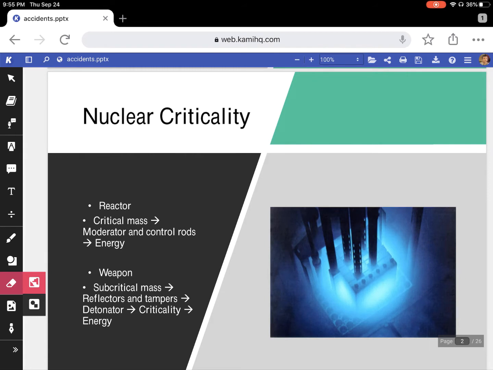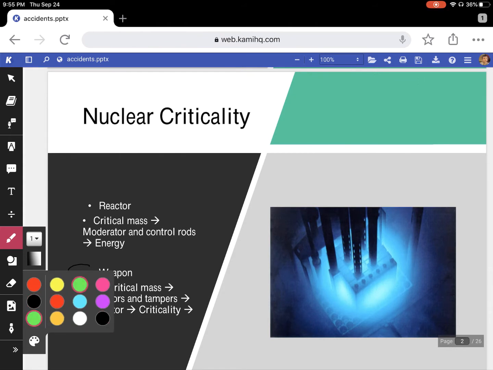And uncontrolled, you end up with a weapon. So we see it down here. I got to change my pen color. If you have material that you let reach critical mass, and critical mass is the minimum density of material required to allow one particle decay to trigger another.